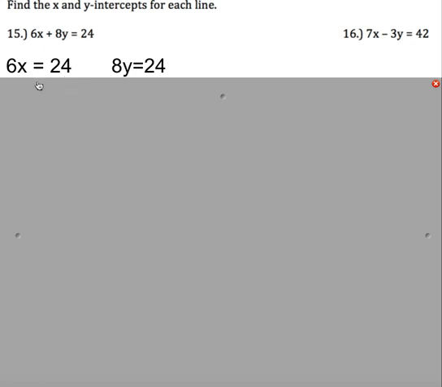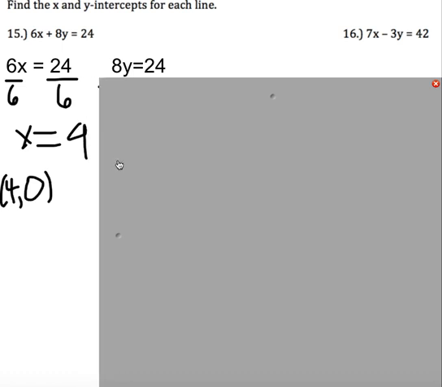To get x by itself, we would divide both sides by 6, and 24 divided by 6 is 4. And so, as you can see here, I wrote the intercept as an ordered pair, (4, 0), as that is where you would be on the coordinate plane for the x-intercept on the x-axis.